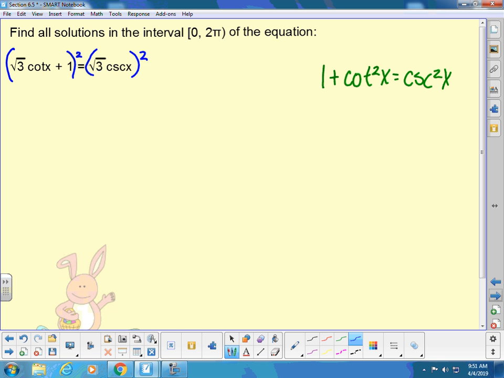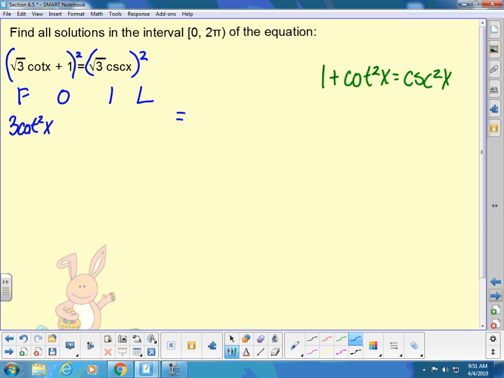All right. Let's see. On the left side, I have addition inside that parentheses. So what am I going to do? You are going to FOIL. Okay, so let's do that first. First term, rad 3 cotangent times rad 3 cotangent gives me 3 cotangent squared.